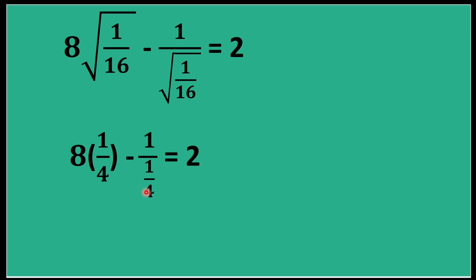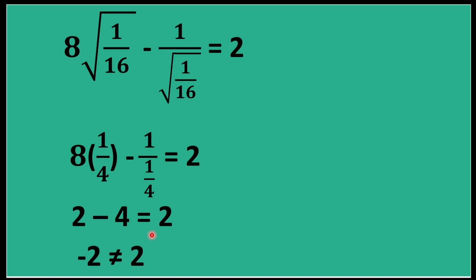Now this 1 divided by 4 will flip and the 4 will go up, and overall this will become 4. And similarly here, 4 divides 8, so it will become 2. So overall 2 minus 4 equals 2. 2 minus 4 equals minus 2, which is not equal to 2.